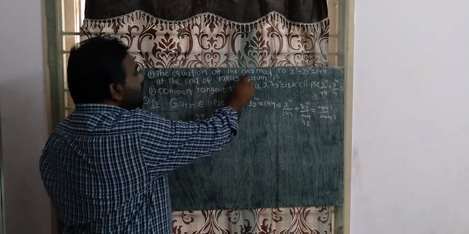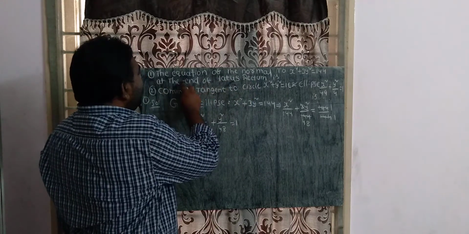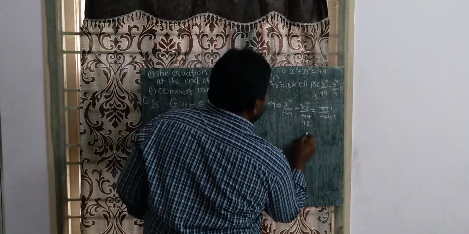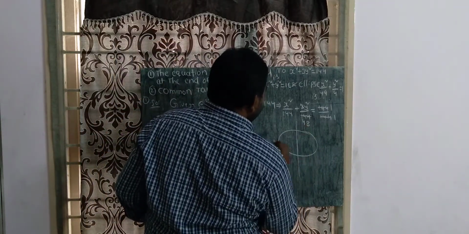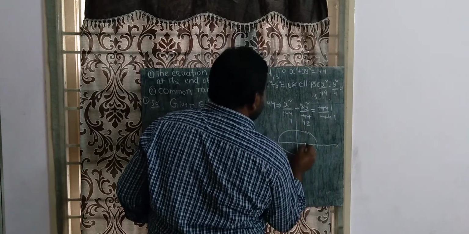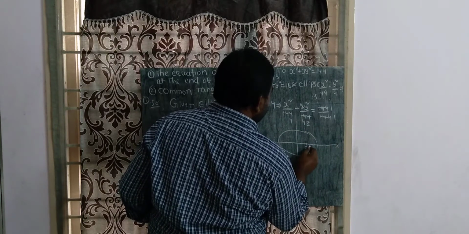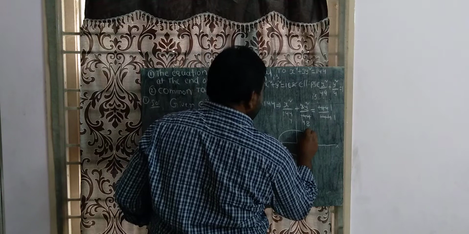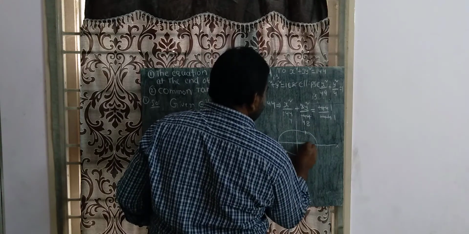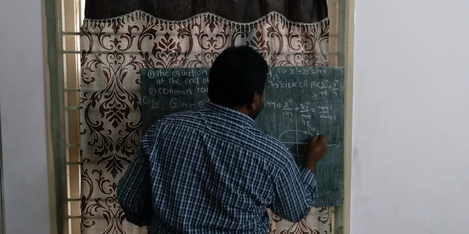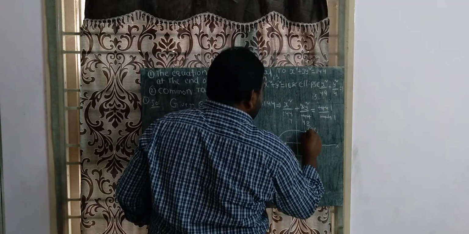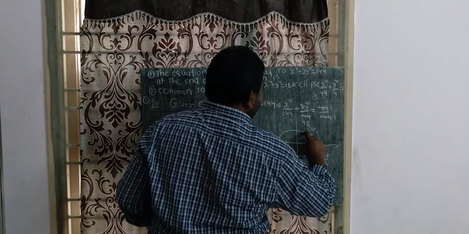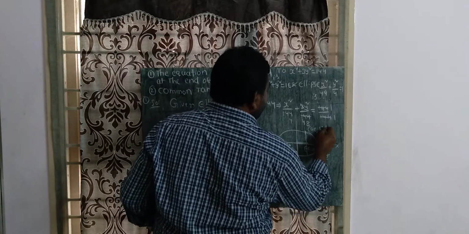Here he wants the equation of normal at the positive end of the latus rectum. Suppose the ellipse is like this, with x axis and y axis, and the focus is (ae, 0). The end of the latus rectum is on the x axis at ae, and on the y axis the length of the latus rectum is 2b square by a, but we need half, that means b square by a.